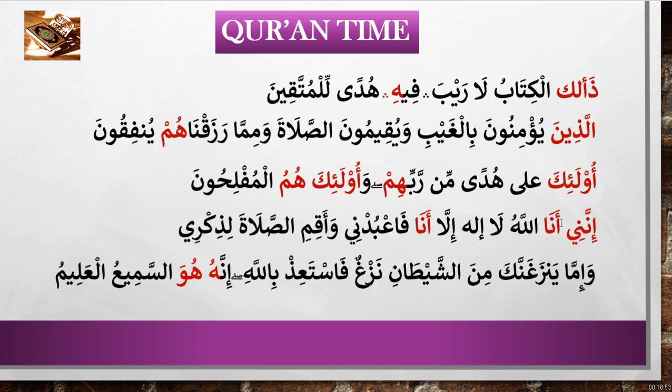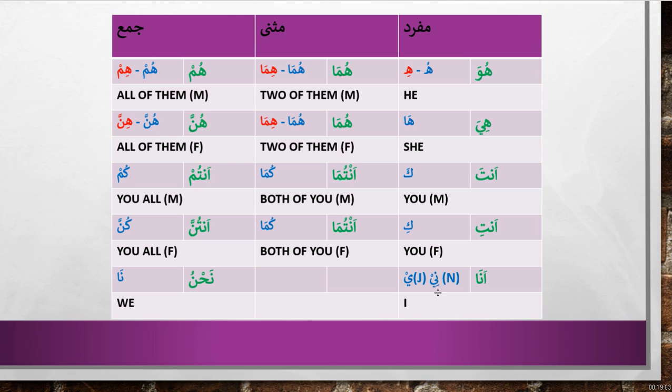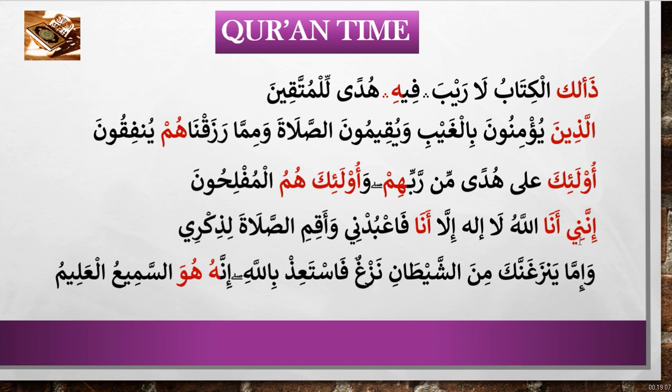Innani ana Allah. Look, another damir munfasil. Now this is something I want to show you. Innani. Indeed, this "ni" here is an attached pronoun. So: indeed I. If Allah had said innani Allahu la ilaha illa ana, that would mean indeed I am Allah, there is no God except me.